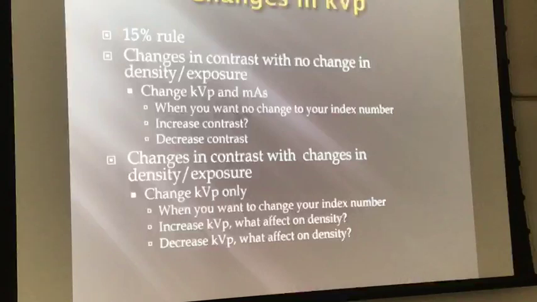Density in screen film radiography was just the overall darkening of the image. In CR and DR, we really refer to that as the exposure index number. So you're going to change your kVp and your mass when you want no change in your index number, but you want to change your scale of contrast. What do we do to increase contrast? What does increased contrast mean?